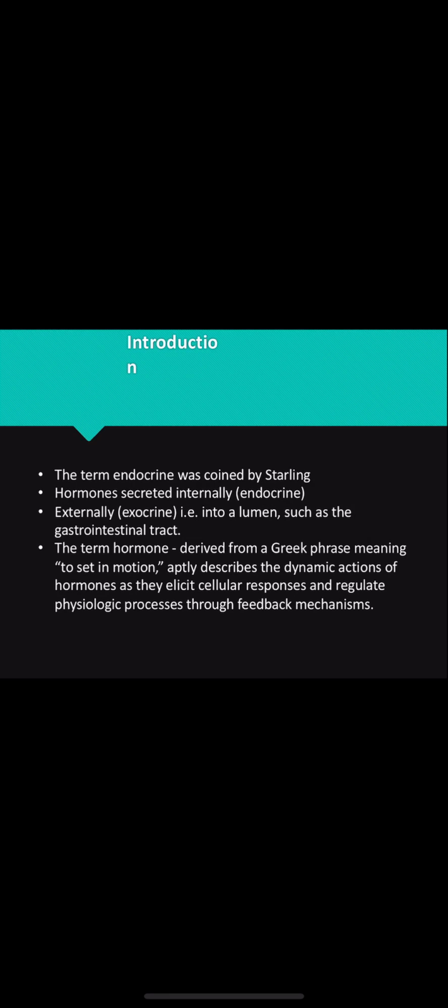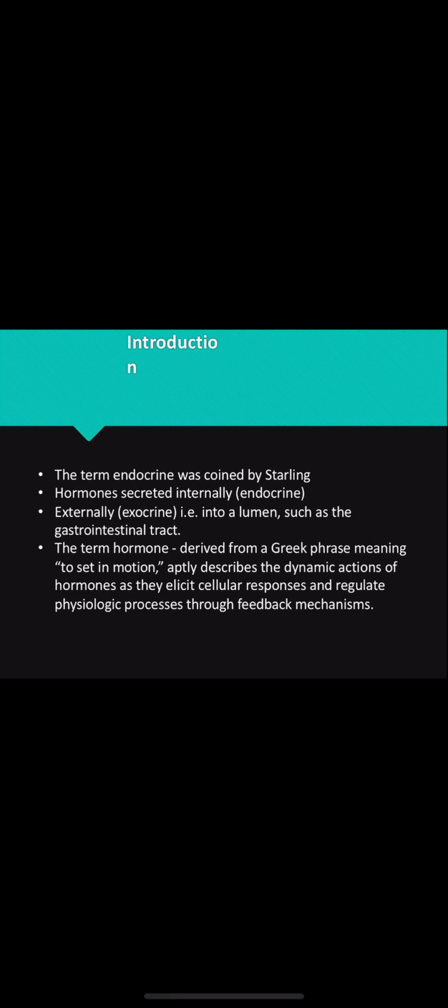Now, the term endocrine was coined by Starling. Hormones are secreted internally and externally. Internally, when they are secreted, they are known as endocrine hormones, and when they are secreted into a lumen, that is the exocrine function of these hormones.